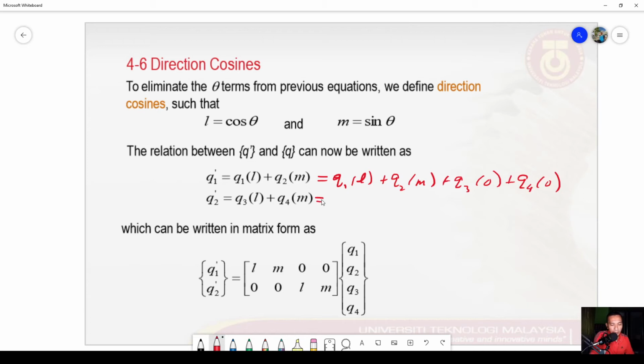And for node number 2, we have Q1 0 plus Q2 0 plus Q3 L plus Q4 M, which can be written in a more compact form, or in a matrix format, as shown at the bottom of this slide here.